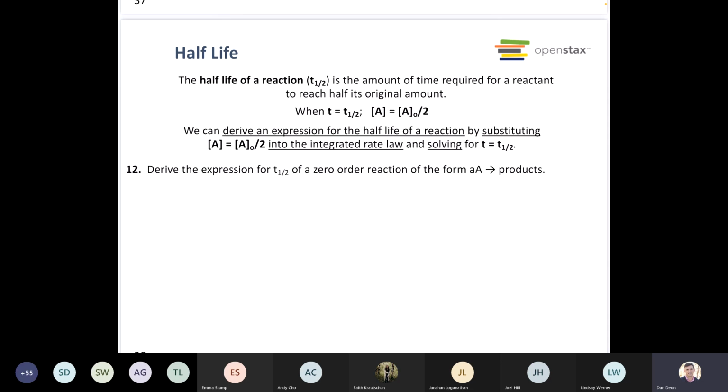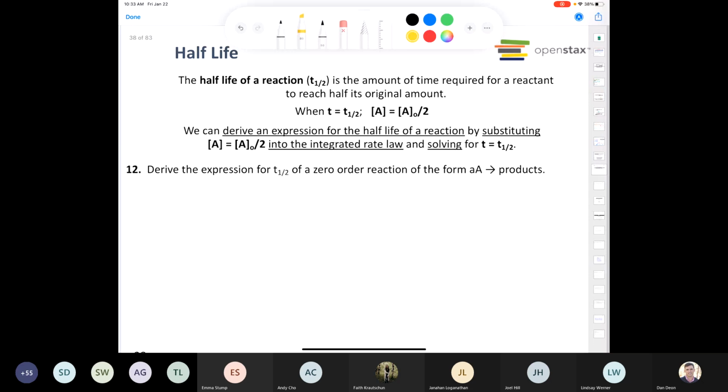Now, we can derive an expression for half-life by substituting in that the concentration of A at T 1/2 is going to be the initial concentration divided by 2. If we plug that into the rate law, we're going to end up solving for T, the half-life. Let me show you what I mean.